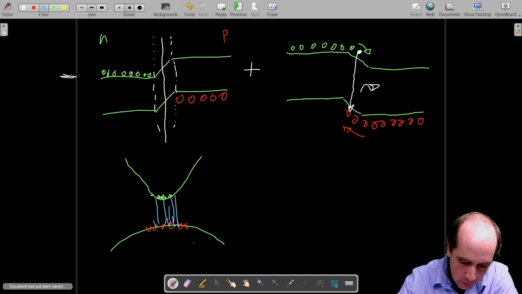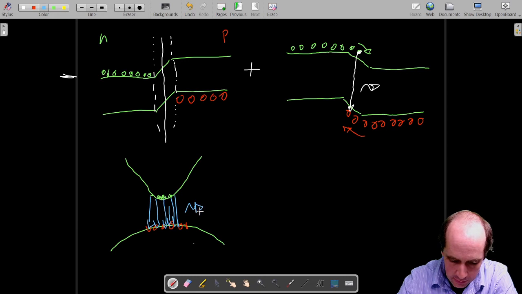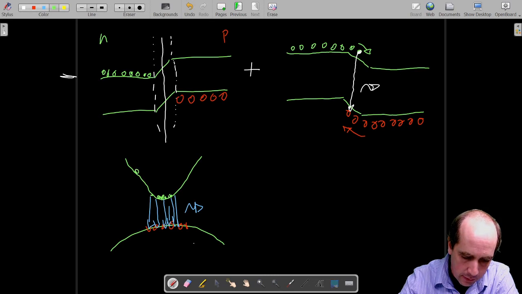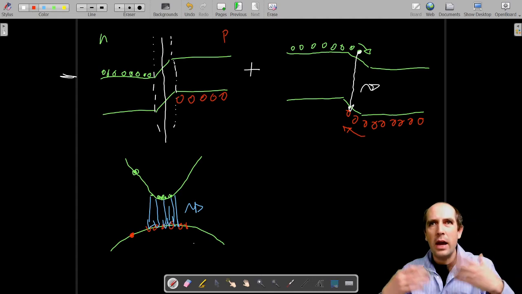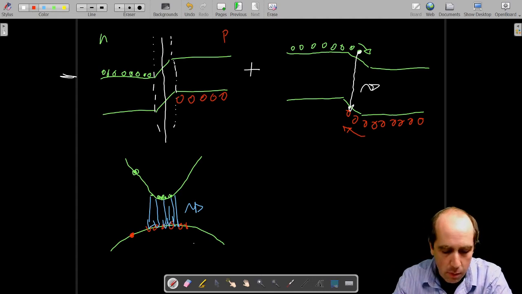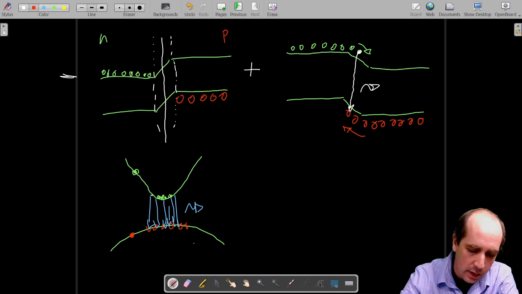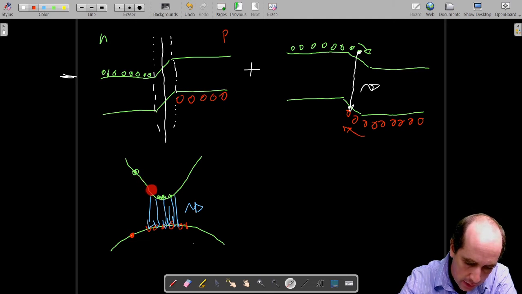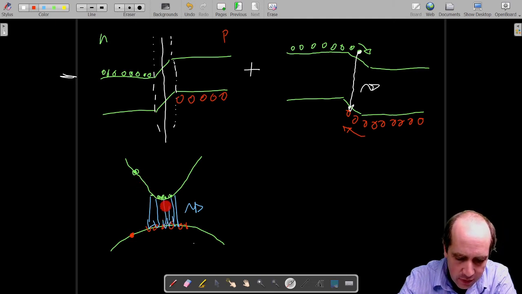For the same arguments that we gave in the previous slide, these will produce photons, but very likely, if we have electrons here and holes here in positions away from the gamma point, so the zero momentum point, these ones will, if the states over here are unoccupied, and they should be because these transitions are occurring. So as soon as an electron reaches the bottom of the band, since there are holes to receive it, it will start recombining.